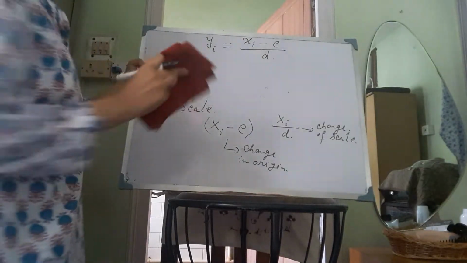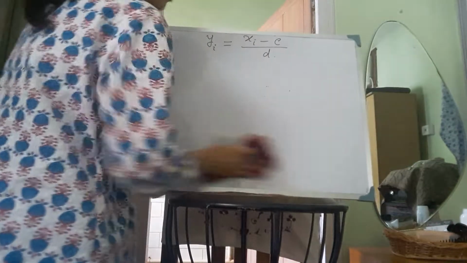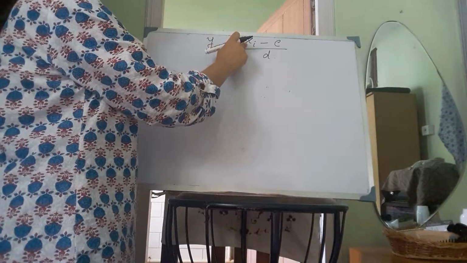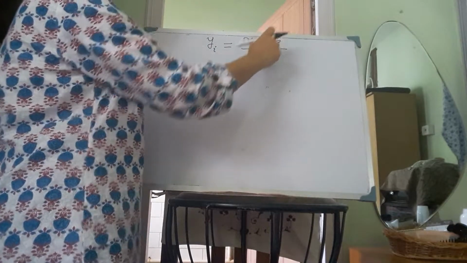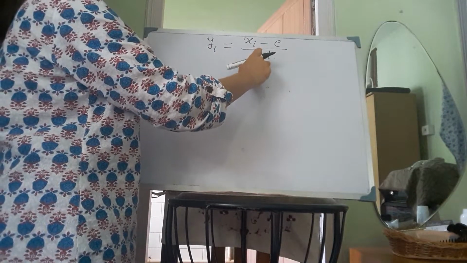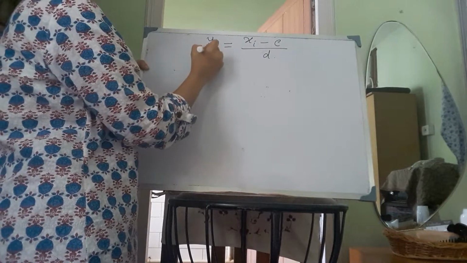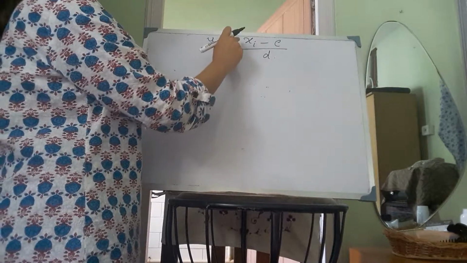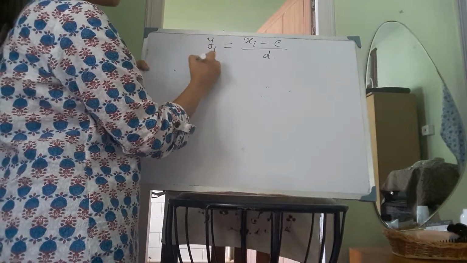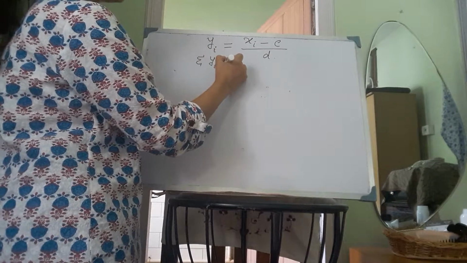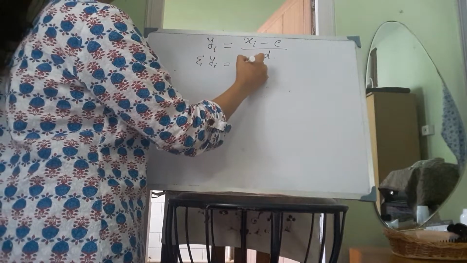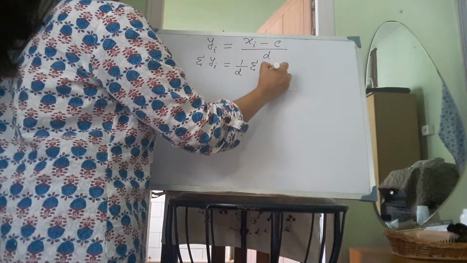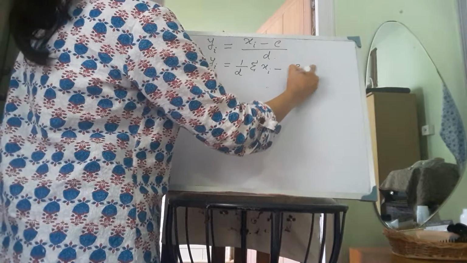So we have to prove this property. This is the transformed variable yi and this is the original variable xi, and we are changing the origin as well as the scale. Now let us consider the mean of yi. For getting the mean of yi, we have to take the summation on both sides. By taking summation on both sides, we get summation of yi is equal to 1 by d summation of xi minus c by d.